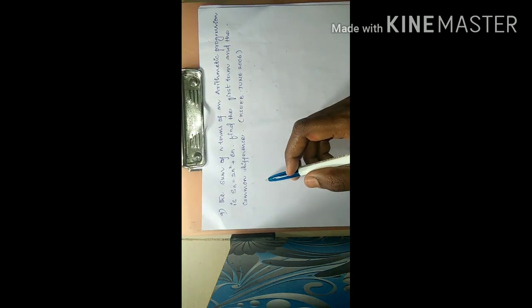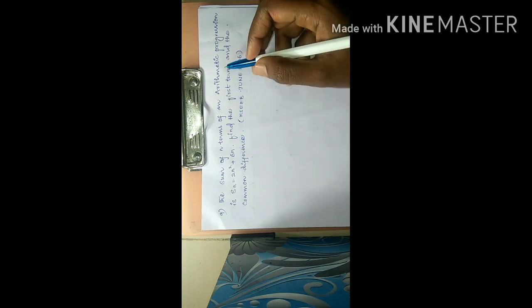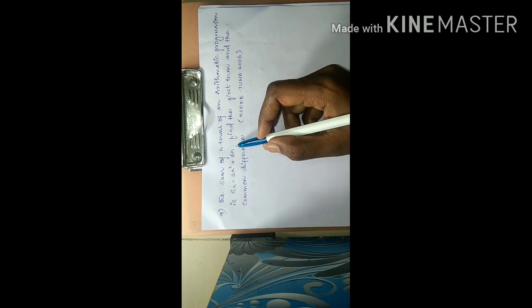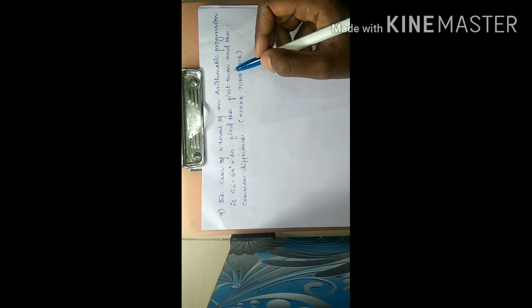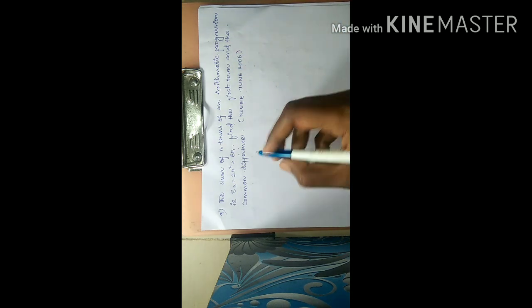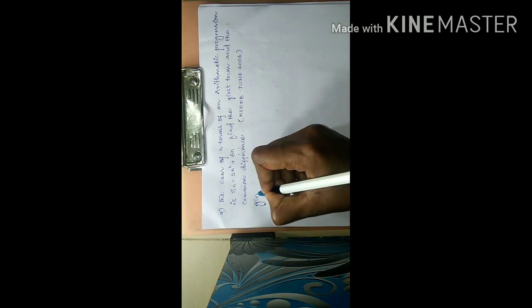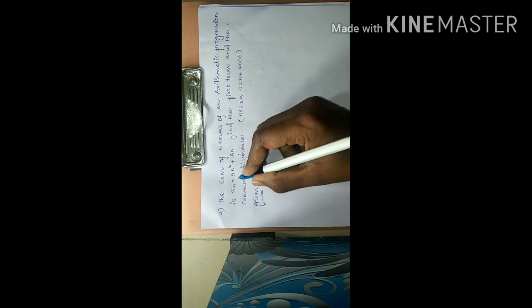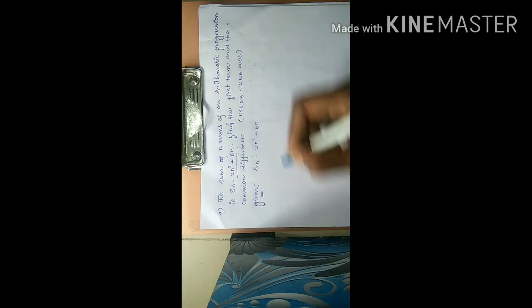Here is example number 9. The sum of n terms of an arithmetic progression is Sn is equal to 2n square plus 6n. Find the first term and the common difference. Here given Sn is equal to 2n square plus 6n.